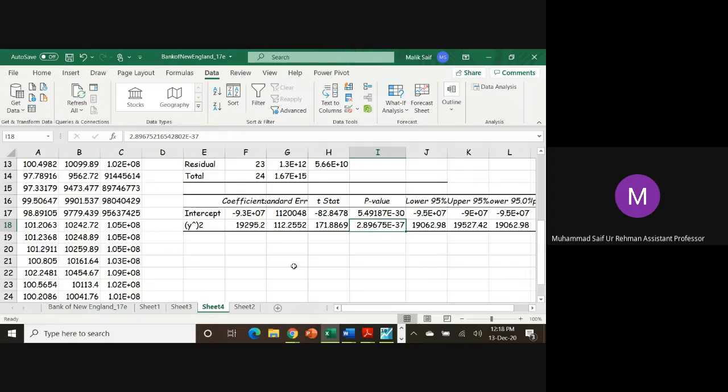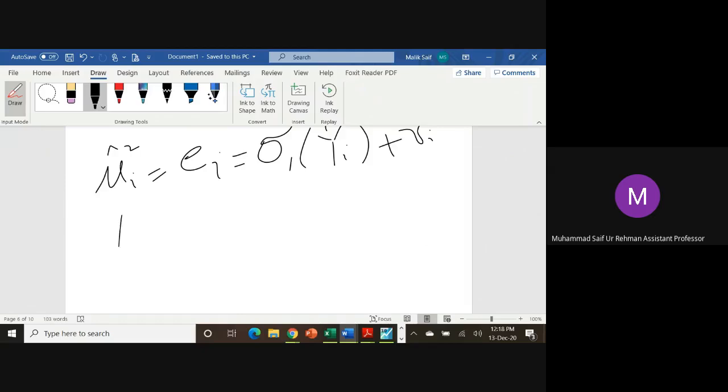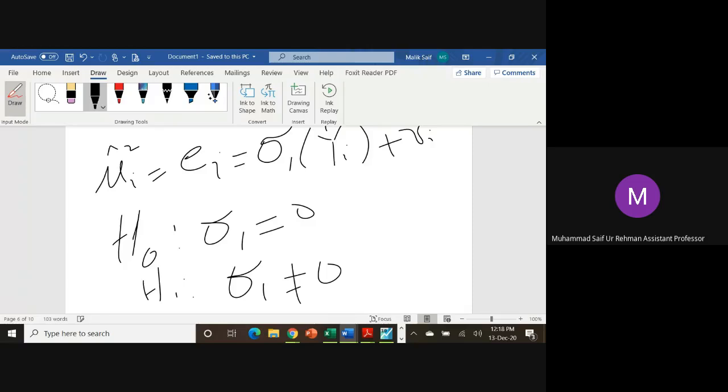Okay. There is no relationship. Or in other words, you can say this delta 1 is equal to 0. What was H naught? Delta 1 is equal to 0, and delta 1 is not equal to 0. This was the alternate hypothesis.